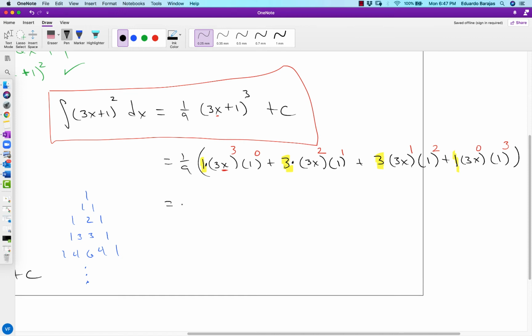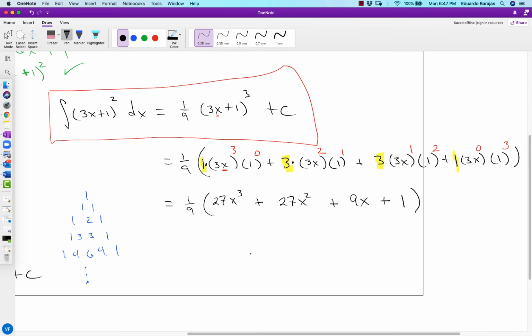Okay, so this will simplify a little bit to 3x to the power of 3. That's going to be 27x to the third power times 1, plus 9 times 3 gives me 27x squared times 1, plus, and this gives me 1 squared, that's going to give me 9x, plus, and that's just a 1, that's a 1, that's a 1, so plus 1, the whole thing.